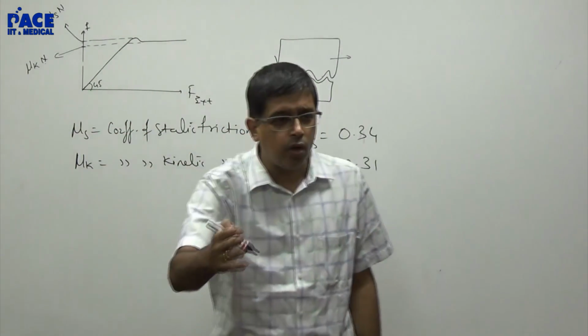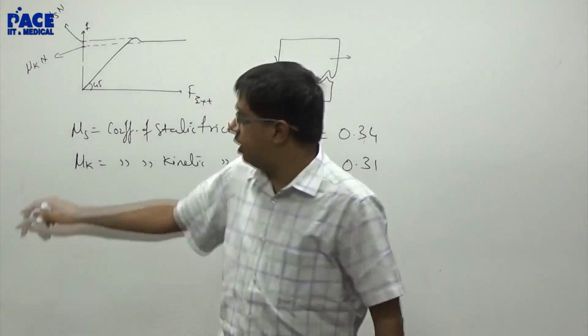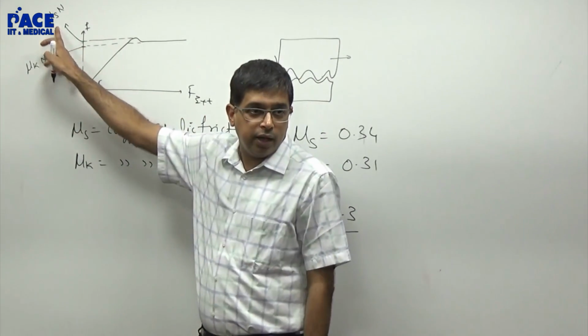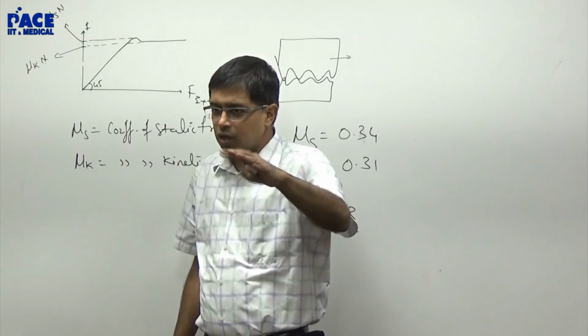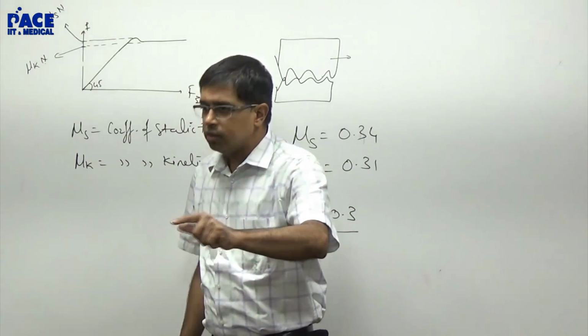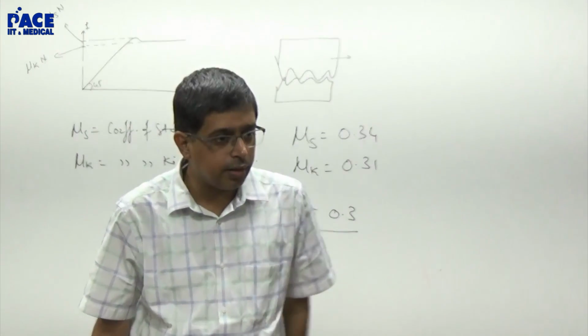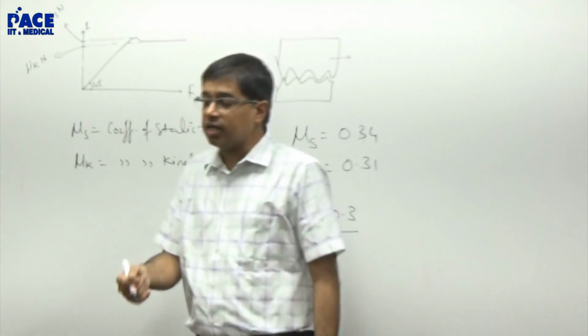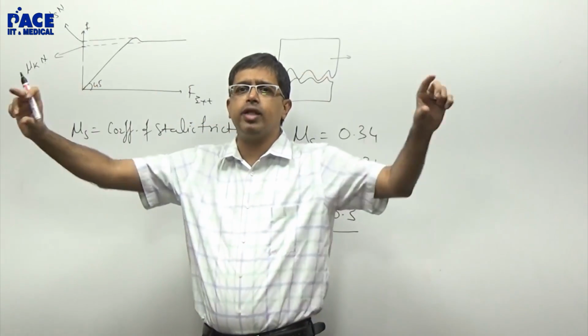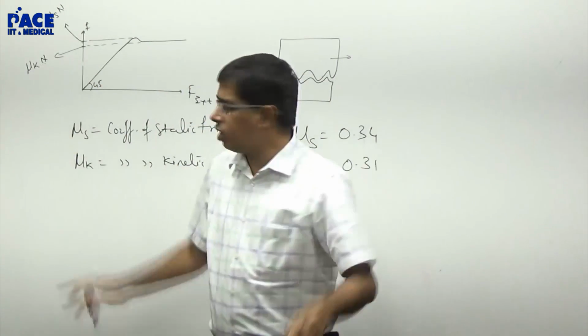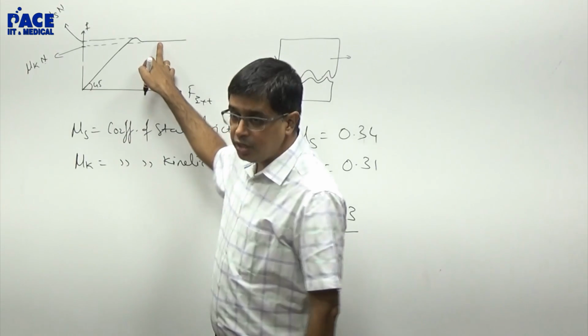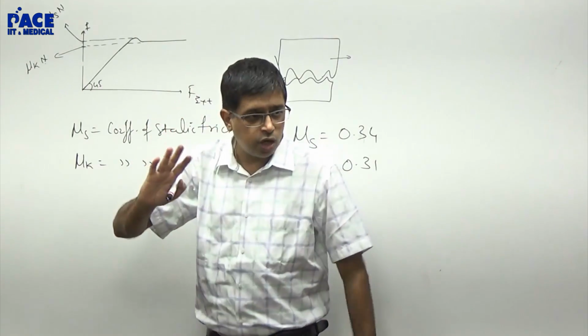To make the body move, the force that I need to apply is mu s into n. If the block is at rest, to make it move, the value of the force that I should apply is mu s into n. Suppose the block started moving. To make it move with uniform speed, what is the force I should apply? Mu k into n. Is the logic clear?